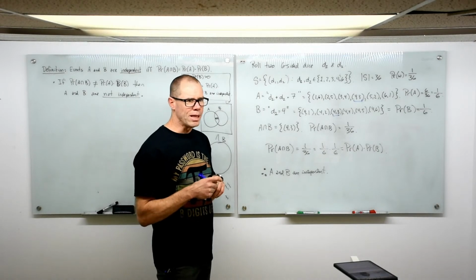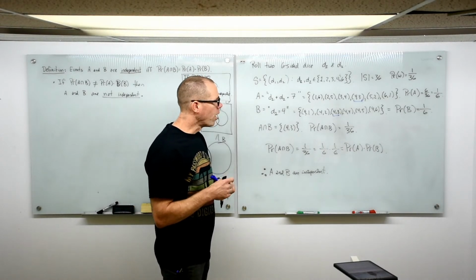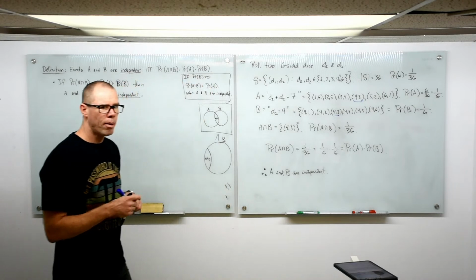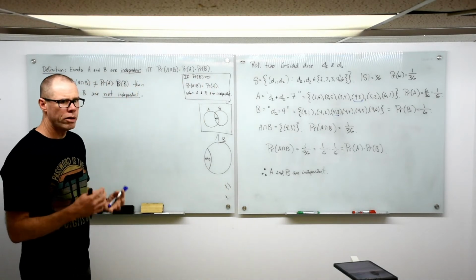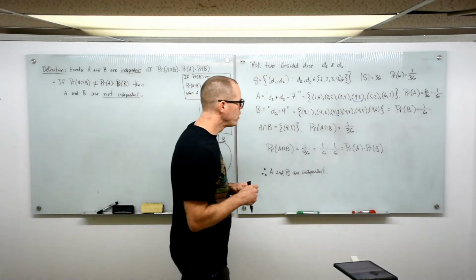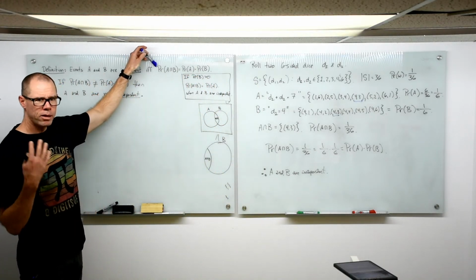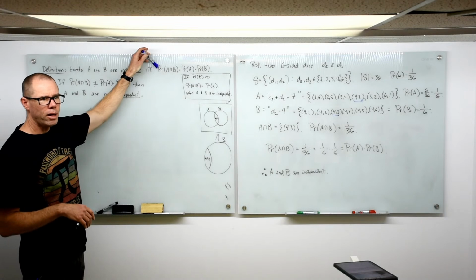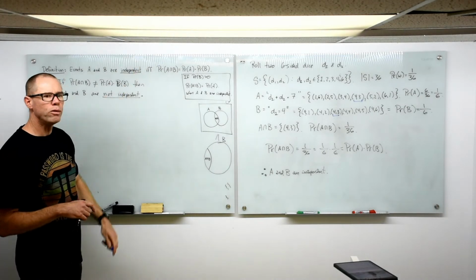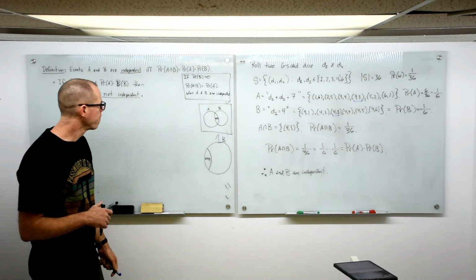If the probability of B is equal to 0, then you have a problem, because then the probability of A given B is not even defined. So this is the definition. This is all you need to check to declare that two events are independent, or to declare that they are not independent.